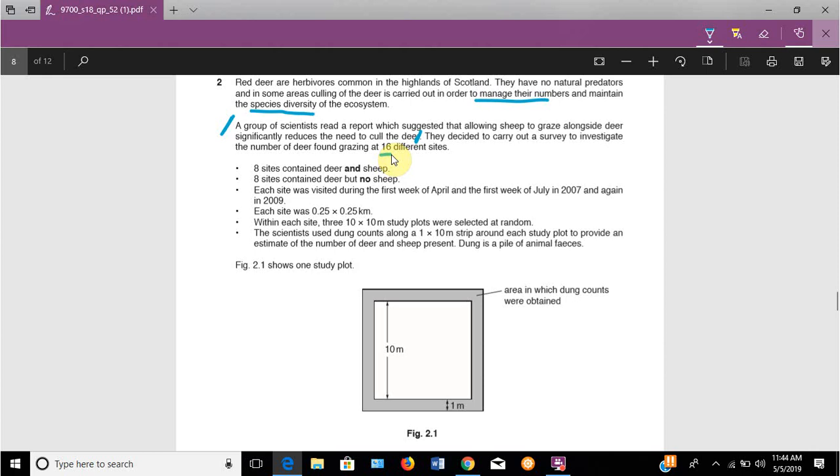So one is the control, the other is the experiment. Each site was visited during the first week of April and the first week of July in 2007, and then again in 2009. So there was basically an interval of 2 years to see if there would have been any change in that time period.